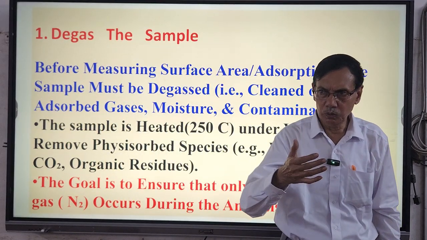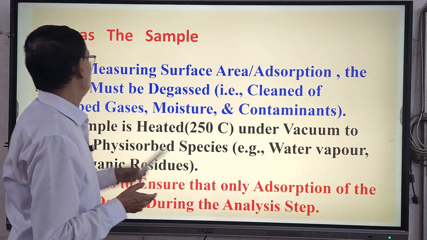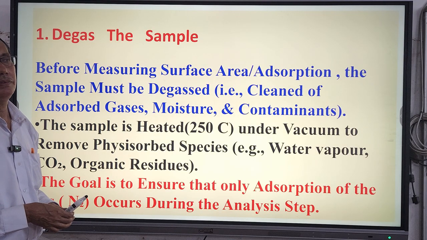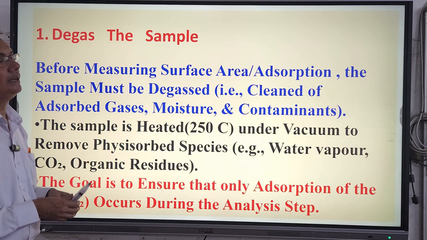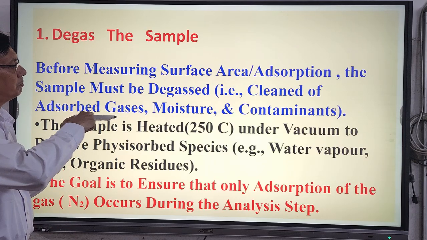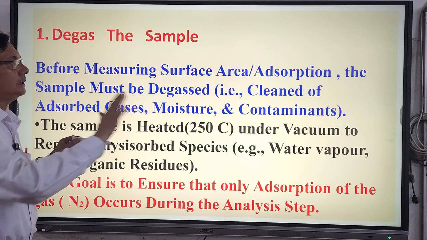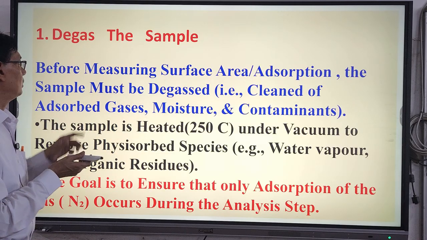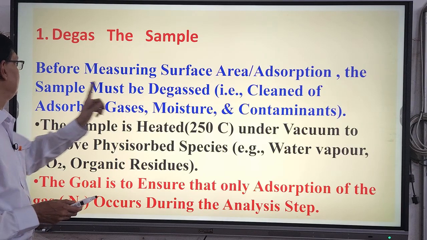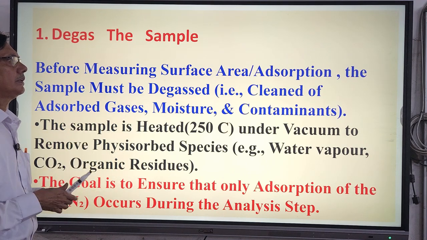When students, research scholars do the experiment, they can ask some questions. Sir, why is there a need for degassing using that heating mantle? Because you know that the surface must be clean. There should be no contamination. So before measuring the surface area by adsorption, the sample must be degassed at very high temperatures.